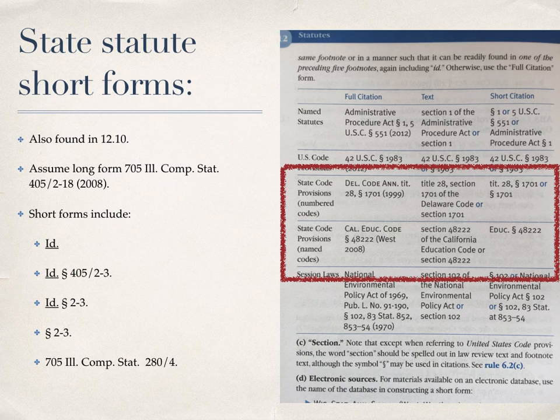So you might be jumping around a bit there. Note that this is a short form because it doesn't include the date parenthetical, but that's the only thing that's cut out here, so it's not exactly the shortest of forms. Like I said earlier, you're going to need to use your best judgment and use local rules and local practice as your best guide.